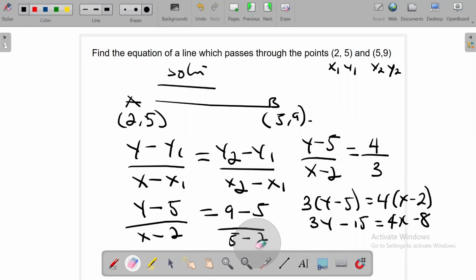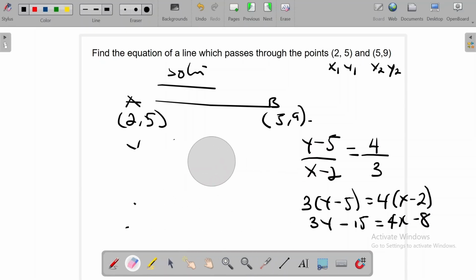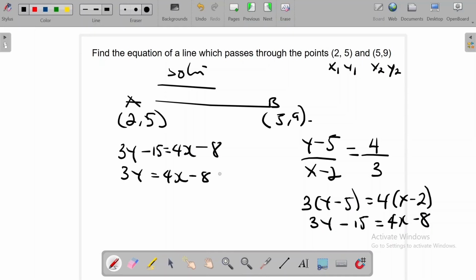So if I'm to simplify, let me just write it here. 3y minus 15 equals 4x minus 8. So it becomes 3y is equal to 4x minus 8 plus 15. So you're left with 3y is equal to 4x plus 7, since minus 8 plus 15 gives us a positive 7.